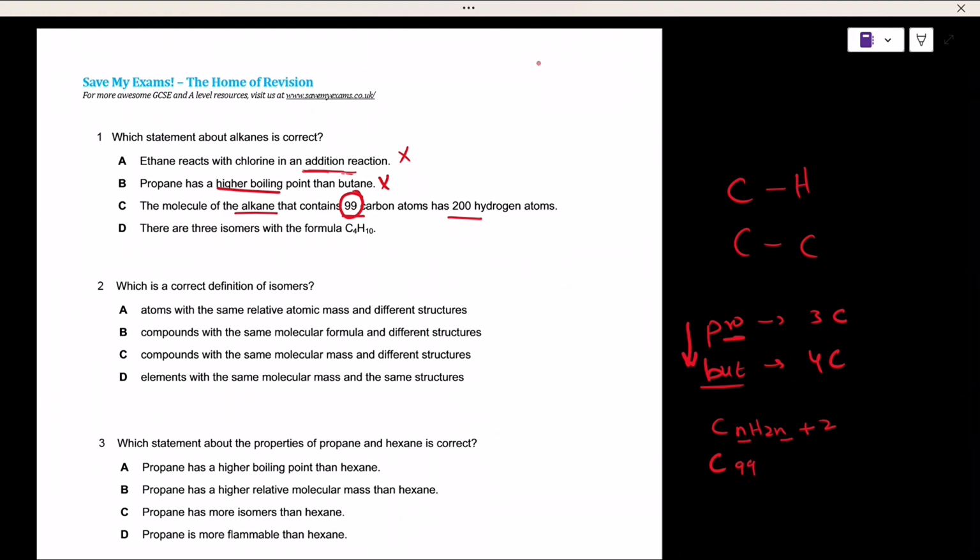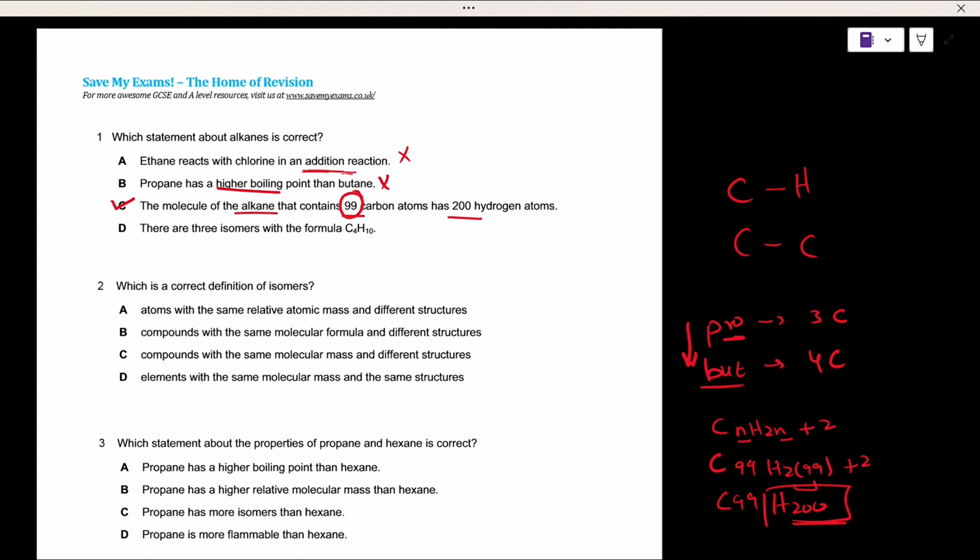So C99 and H2 times 99 plus 2, which is 198 plus 2 is 200, so H200. So this is indeed the correct answer. Why? Because the count comes to 200 hydrogen atoms.